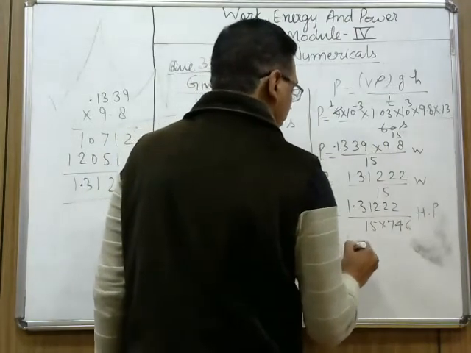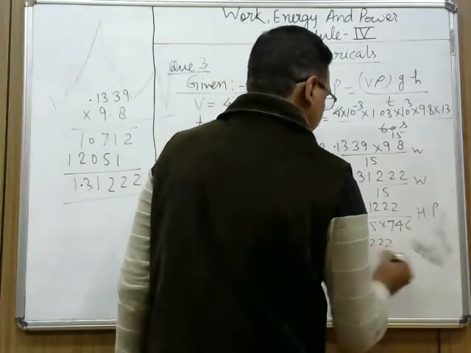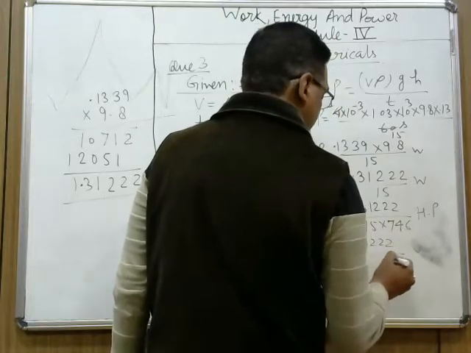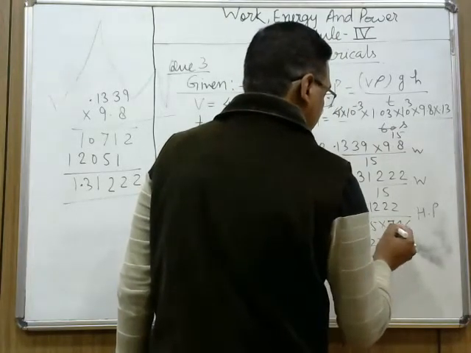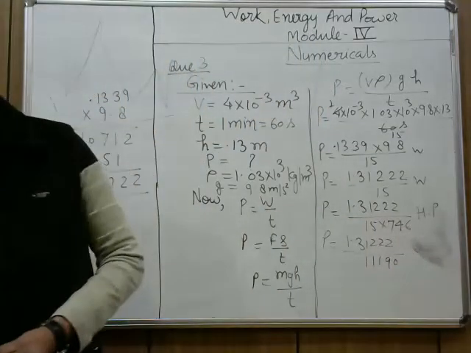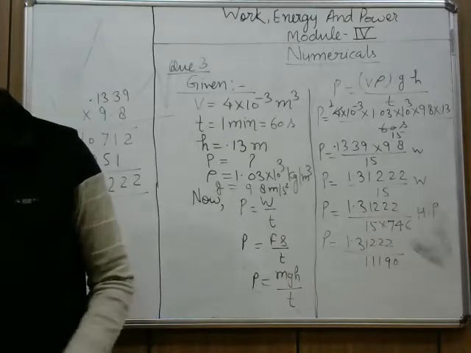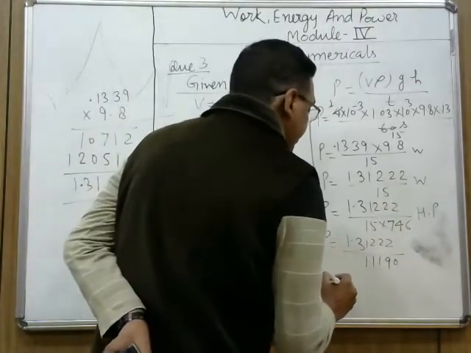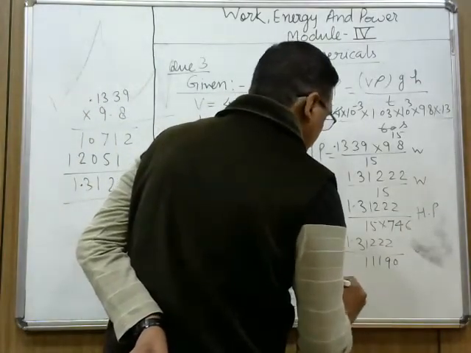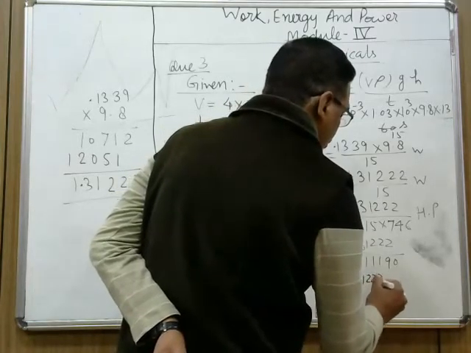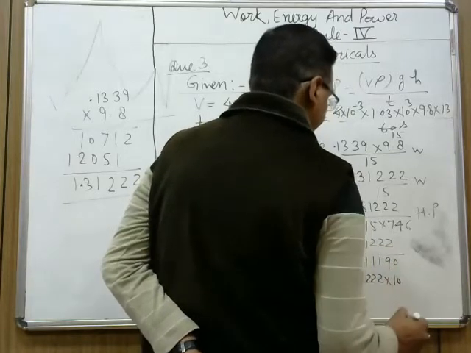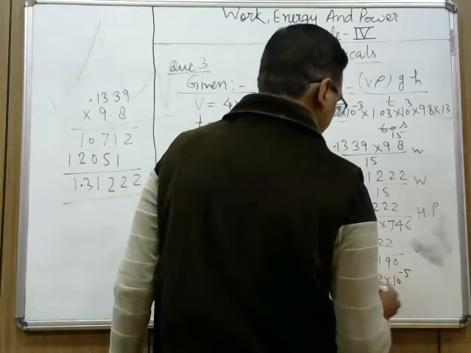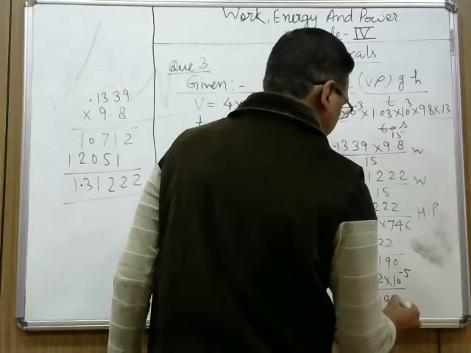Now on solving, 1.31222 upon 11190. Now this can be written as P equals 13122 into 10 to the power minus 5 upon 11190.